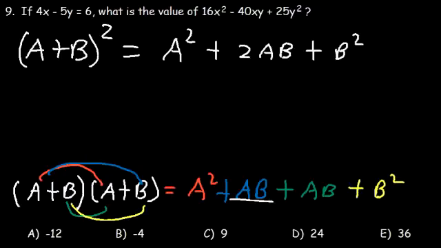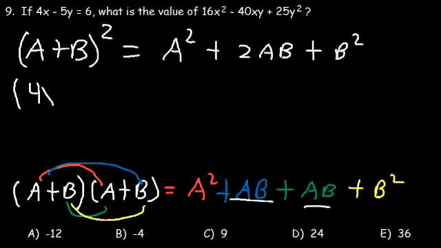So we can add the two terms in the middle, and that will give us ab plus ab is 2ab. So therefore you need to realize that a is 4x in this problem, and b is 5y.